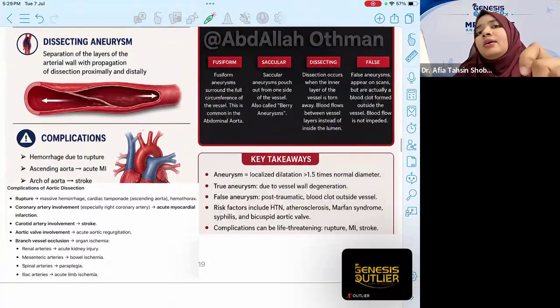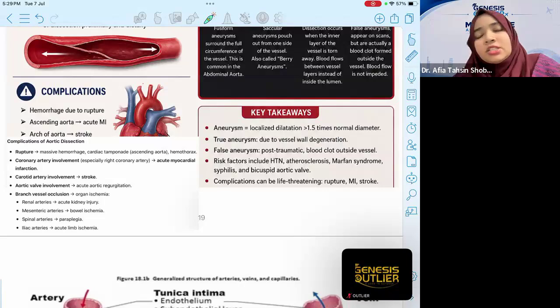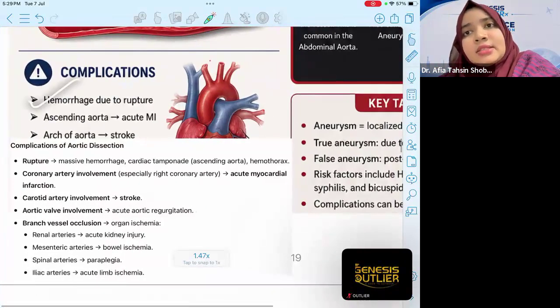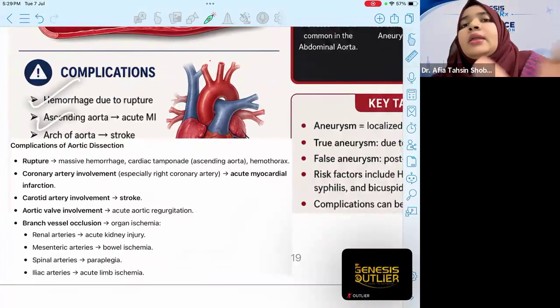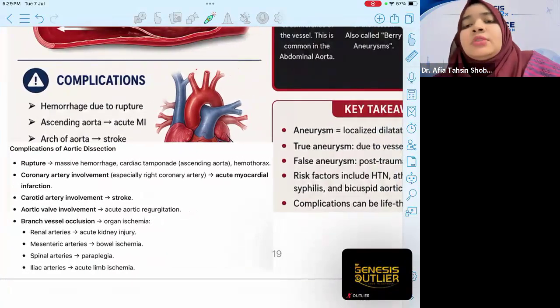In the exam, for complications, they will mark 3 complications in the answer sheet. First is hemorrhage: if aortic dissection ruptures, then massive hemorrhage, cardiac tamponade and hemothorax will happen. Just tell hemorrhage due to rupture.